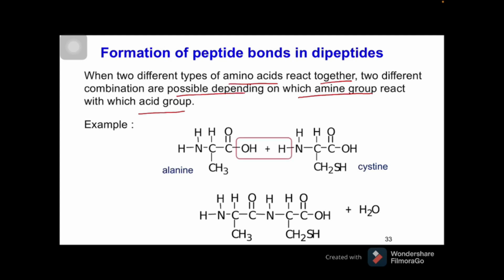The hydroxyl group from the alanine will be eliminated, and the hydrogen from the amino group of the cysteine will be eliminated to form the byproduct water, and the new compound formed is ALA-CYS. This is a dipeptide.